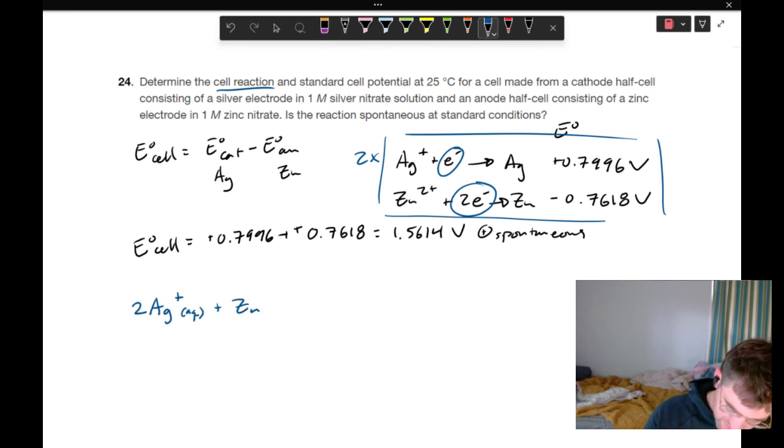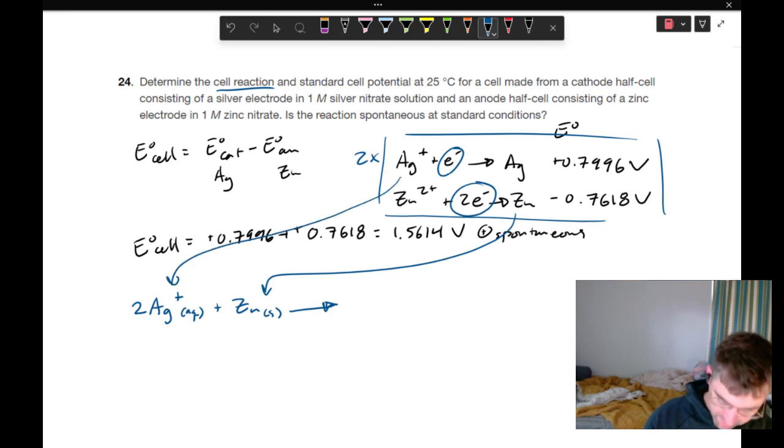So we have our zinc species, solid, because remember, we're flipping that one around. Just to make that a little bit clearer.